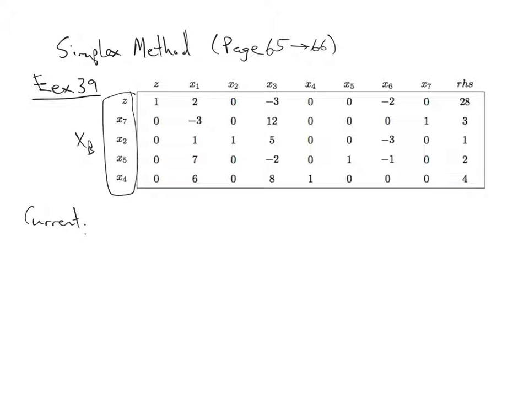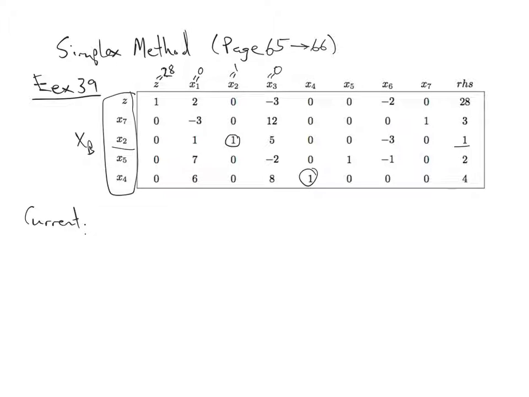Currently z is equal to the function value, which is 28. Notice that currently x1 is 0, x2 equals 1 as this equation says, and x3 is non-basic, so it's held at 0.